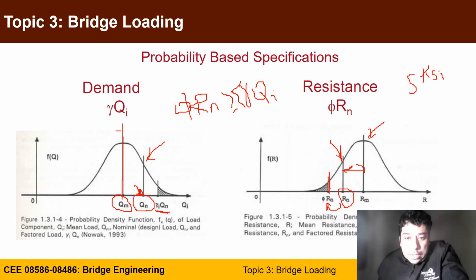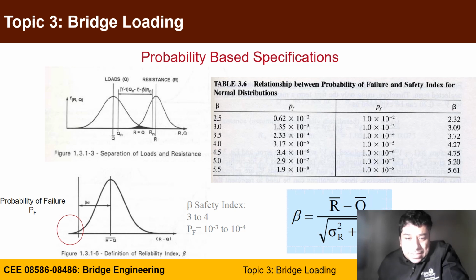So in this curve, if you draw them side by side, the resistance has to always be on the right side of the loading demand, and they may intersect. Once they intersect, this means that your design is not safe in this case, because loading is higher than the resistance.